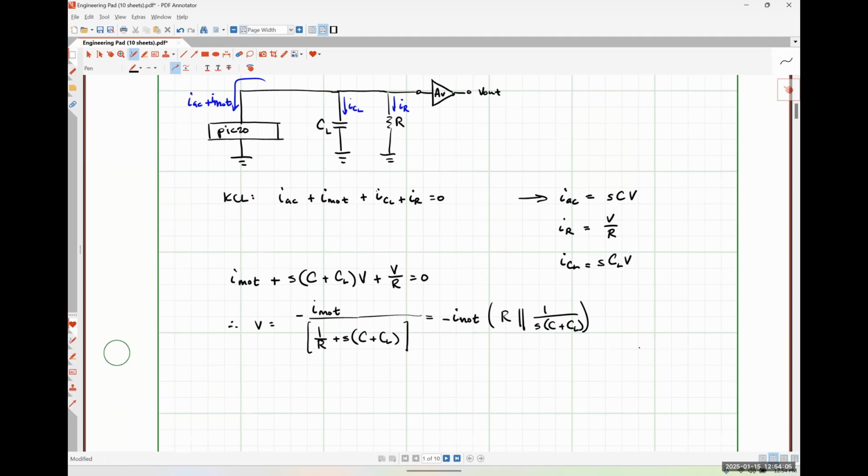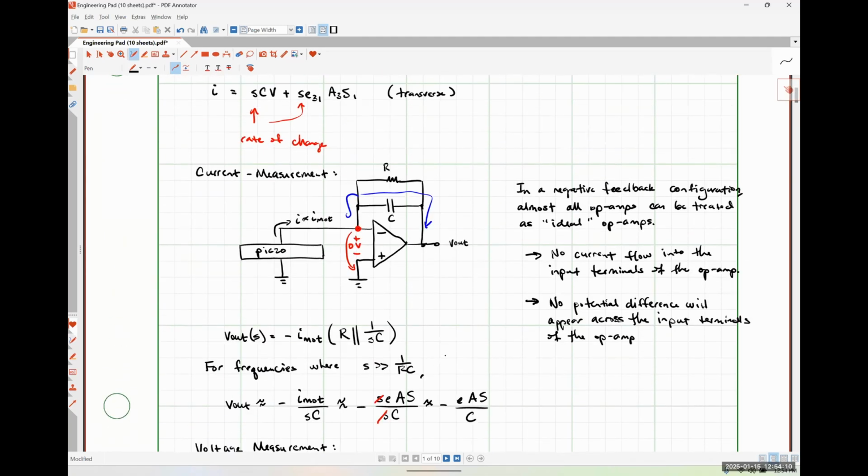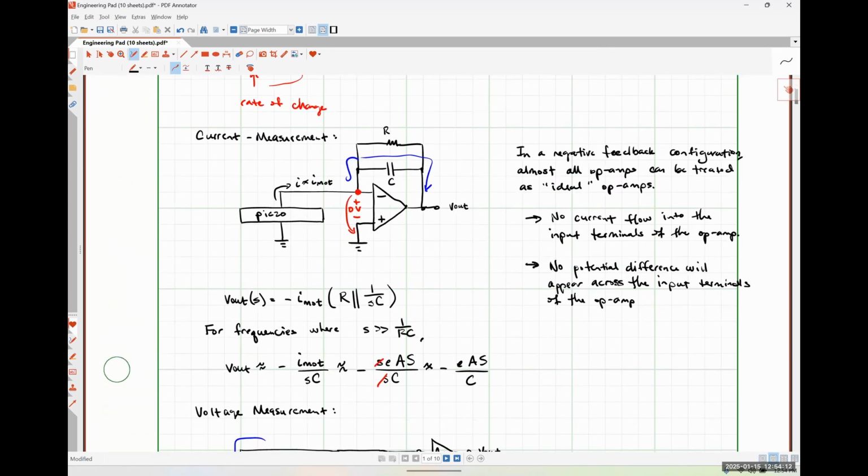So we've got an output voltage that looks fairly similar to what we had over here, right?